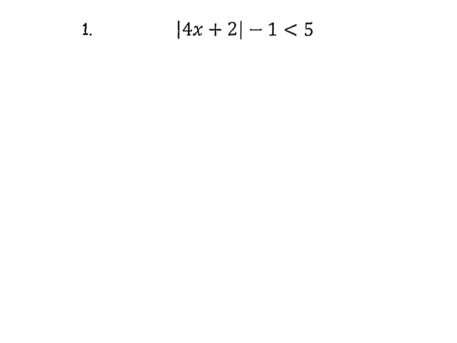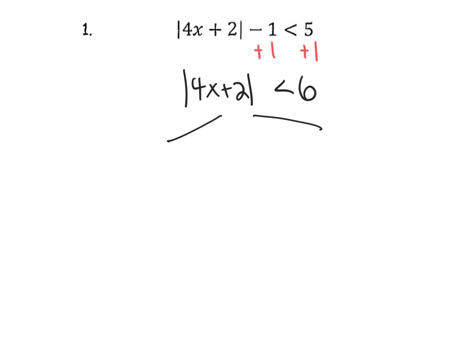With this problem, I obviously want to get the absolute value alone. So the 1 is in the way. It's got to go, so I'm going to add 1 to both sides first. Before I even begin, I can't do the math problem otherwise. Less than 6. Yesterday we talked about making our two equations.